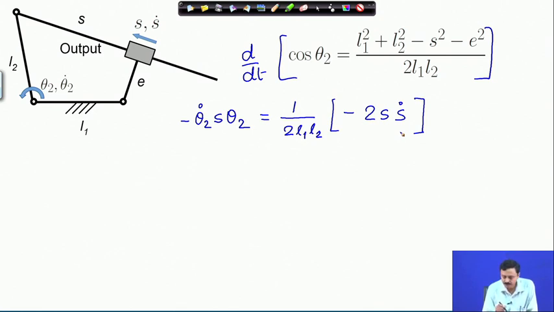So, therefore, I can relate, let us say, theta 2 dot like this.